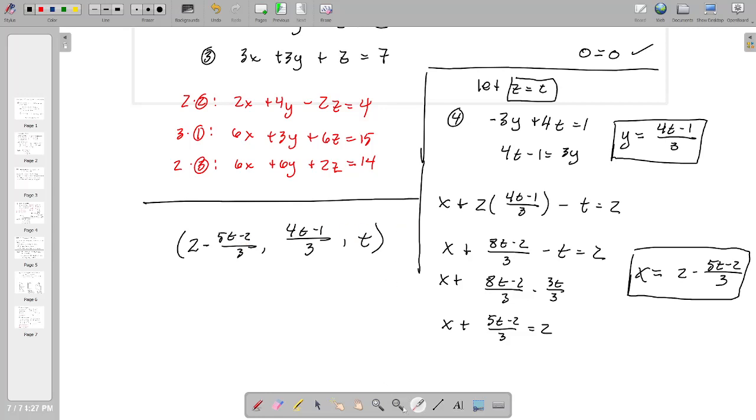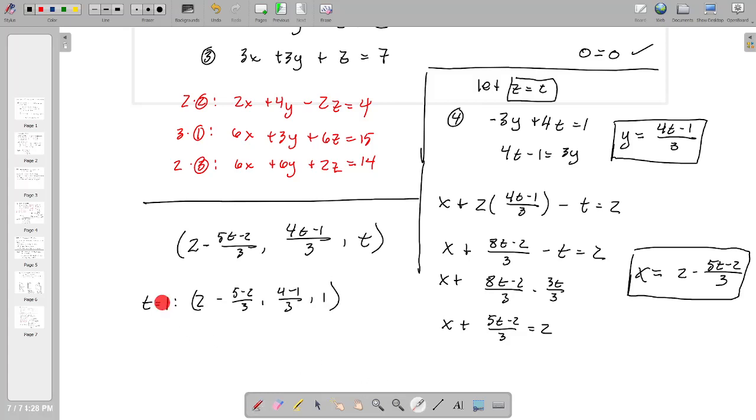Now, again, if I set t equal to something, it will be a solution to this system. Let's let t equal 1. I want to show you one point in the infinitely many points that is a solution to this equation. If we let t equal 1, we get 2 minus 5 minus 2 over 3, 4 minus 1 over 3, and 1.